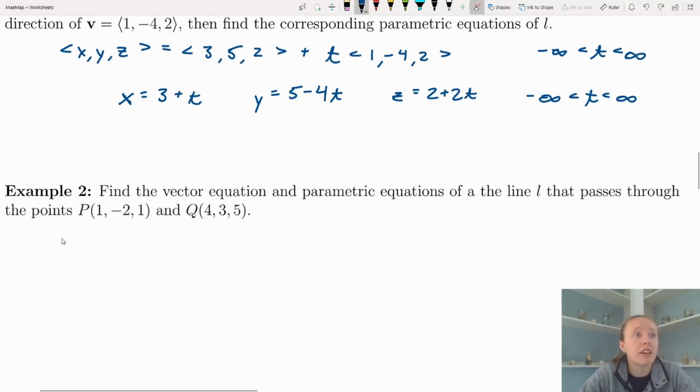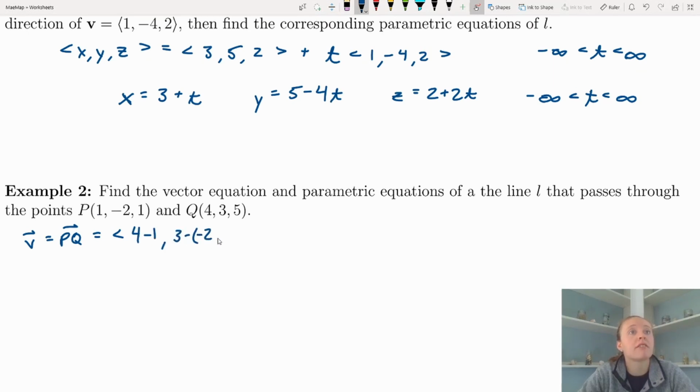So we just need to calculate vector PQ, and that's going to be equivalent to our direction vector v. So remember, head minus tail: the coordinates of Q minus the coordinates of P. So we'll have 4 minus 1, comma, 3 minus a negative 2, and then 5 minus 1. So this vector PQ, which is technically going to be our vector v, is 3, 5, 4.